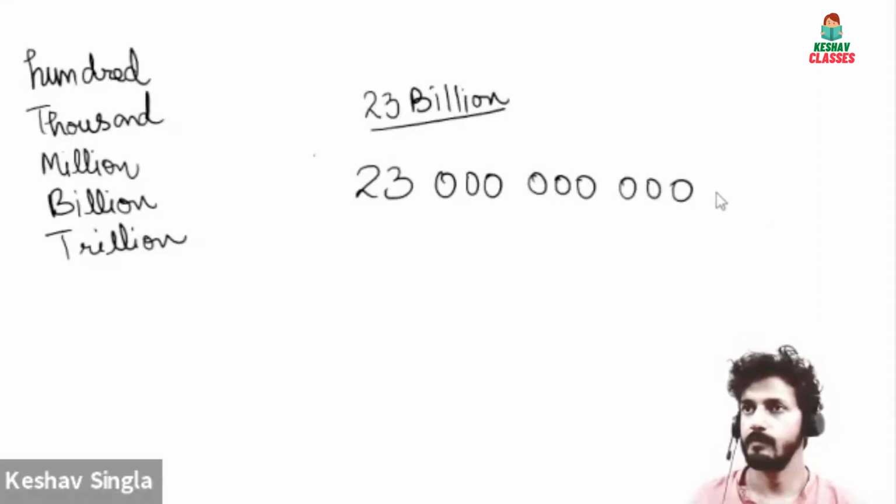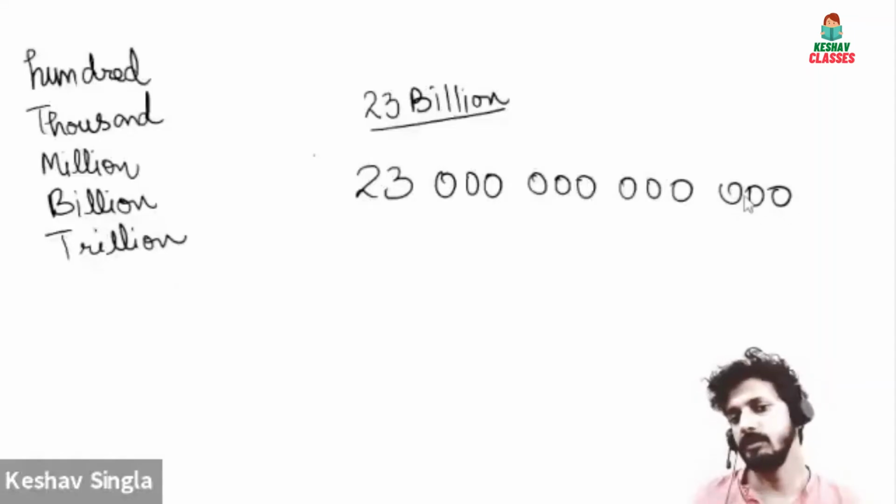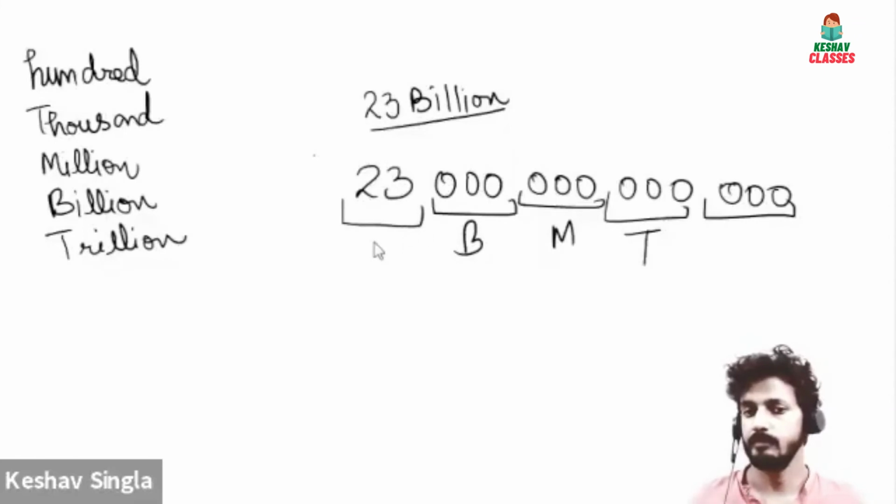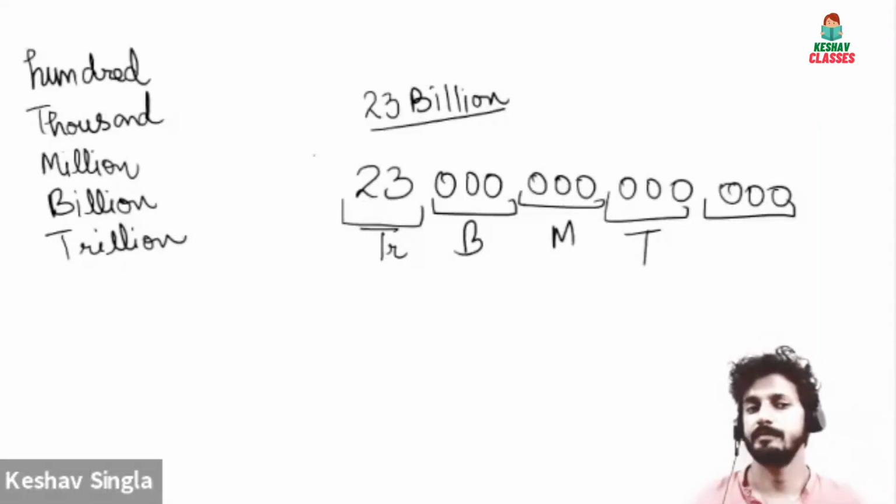And then another one. All right. Can you just look at this and tell me what this number is equal to? So 0, 100, yeah. 0 thousand, okay. 0 million, and 0 billion. Okay. And then that's trillion again. That's 23 trillion.